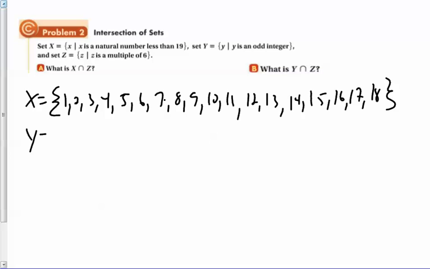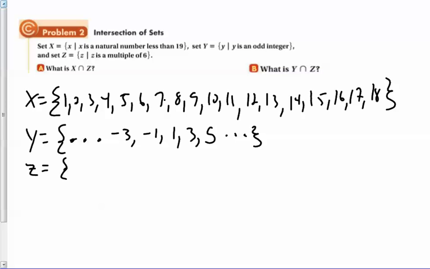Y is an odd integer. An odd integer could be negative. Actually, I'm going to go dot, dot, dot, and be like -3, -1, 1, 3, 5, dot, dot, dot. And let's see about the last one. Z is a multiple of 6.